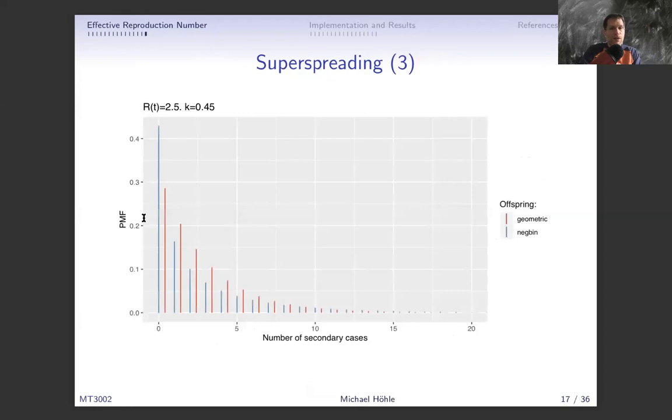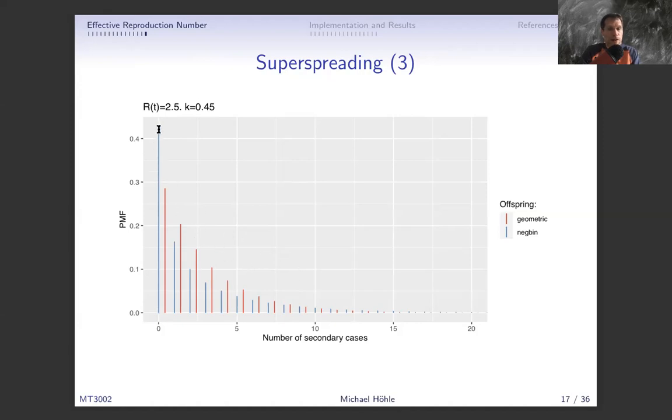Just to illustrate this, here I showed in red the geometric distribution, which has a mean of 2.5. So this would look like this. You see the majority of individuals, of course, don't infect anybody, and then you have a certain probability for these bigger numbers to happen. But if you compare to the negative binomial with the same mean 2.5, but with an overdispersion parameter of 0.45, then you see it stretches the distribution more out.